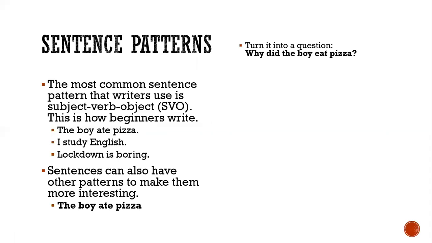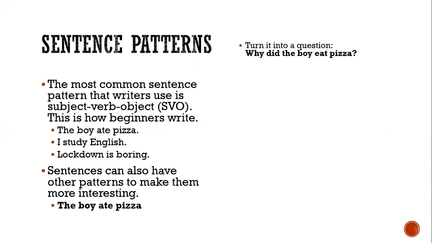But of course, if you read a piece of writing that consists of all the same pattern, it will become very boring to read. Okay, so to make the sentences interesting, we can turn it into other forms.